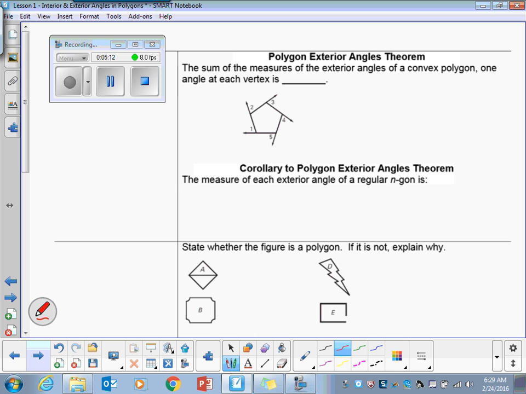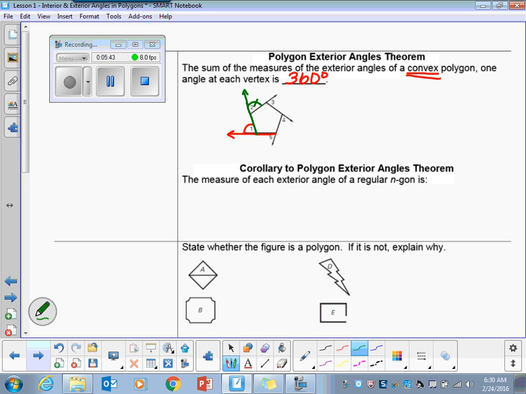Continuing with some more wonderful theorems, the polygon exterior angles theorem says the sum of the measures of the exterior angles of a convex polygon is 360 degrees. It doesn't matter how many sides you have, this is always true. So how do you do this? We take our pentagon, we extend the side, there's your first exterior angle. Okay, extend.